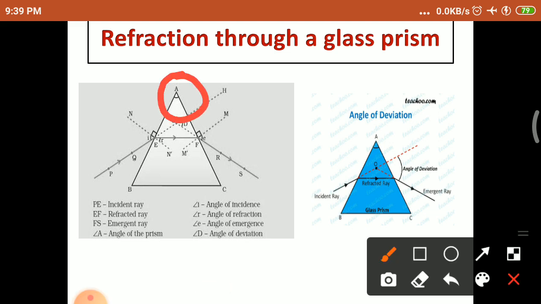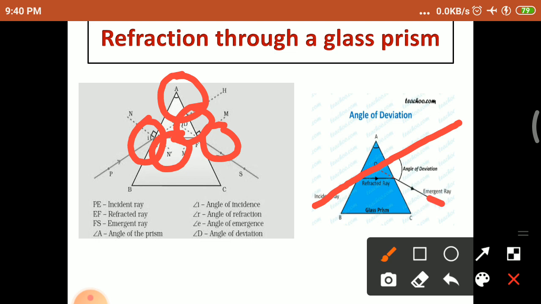So three rays are present: incident ray, refracted ray, emergent ray. Five angles are present: angle of prism, angle of incidence, angle of refraction, angle of emergence and angle of deviation. The angle of deviation is nothing but the angle the incident ray and the emergent ray make when drawn backward.